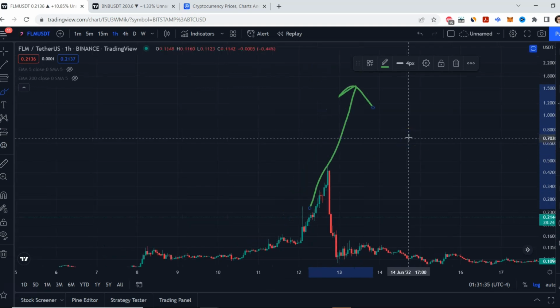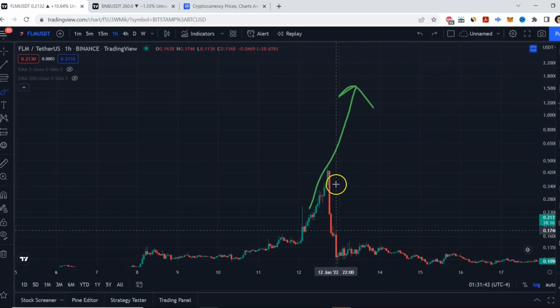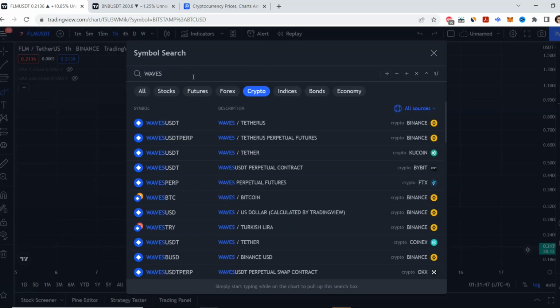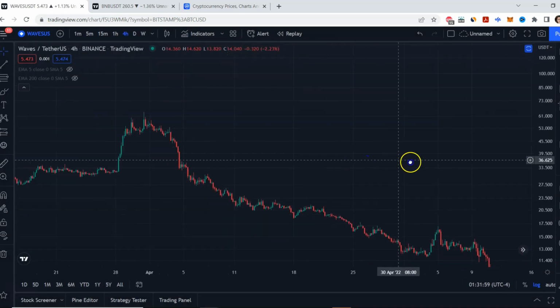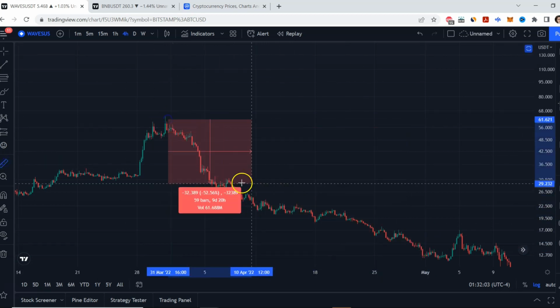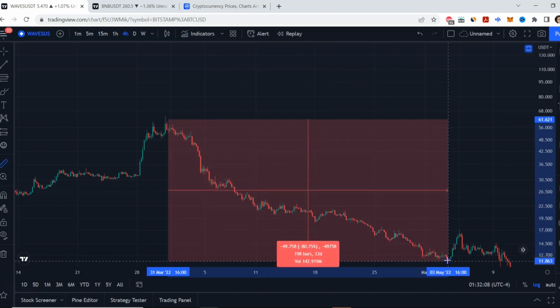I'm telling you this because I have experience. I got liquidated in the past because of altcoins. Very sharp move. I'm going to show you Wave USDT here. This is no mercy. Look at it. There is no really good retracement to hit your take profit. 80% down right before you see this retracement.